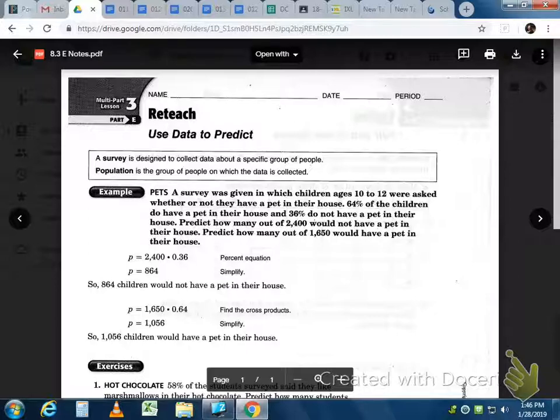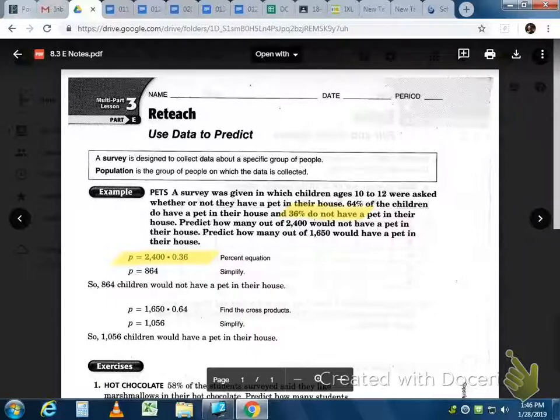So the first question, out of 2,400 people, how many would not have a pet in their house? So if you look at this, would not was 36%. So really what they're doing is they're taking the number 2,400 times 36%. We did that a while ago, and it was just a multiplication.